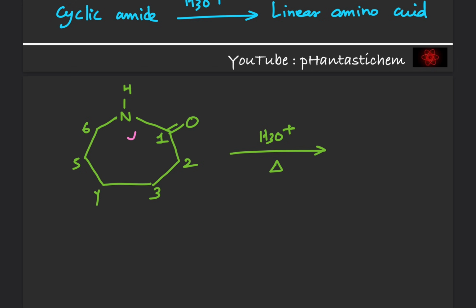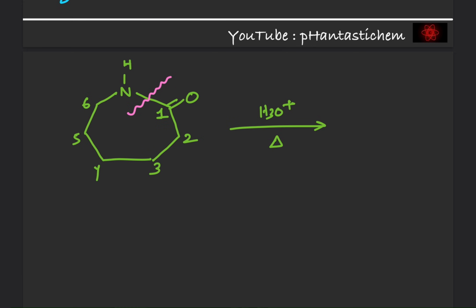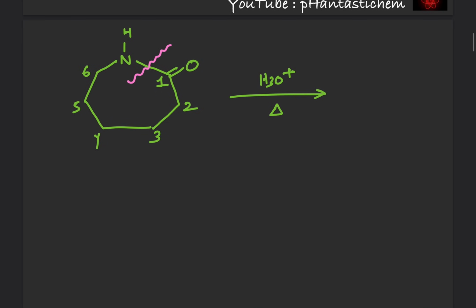So this particular bond breaks, and here with NH we will have one extra H, and with this C double bond O we'll have an OH. Okay, so ultimately I will get NH2.